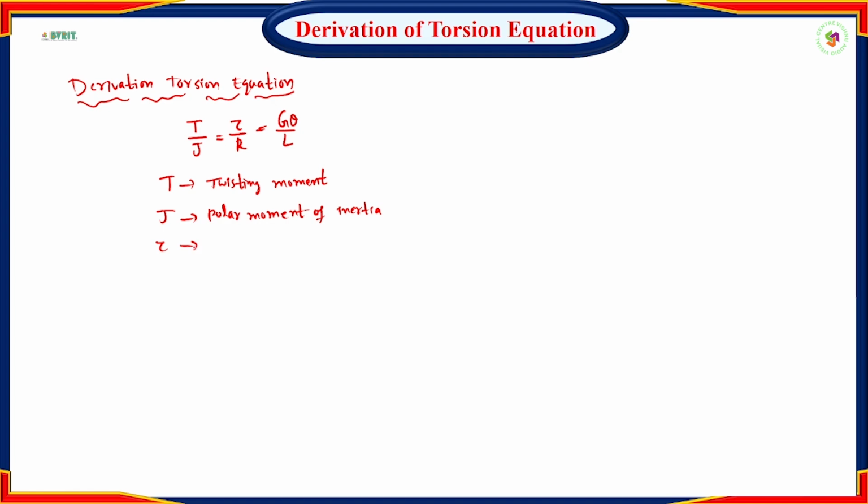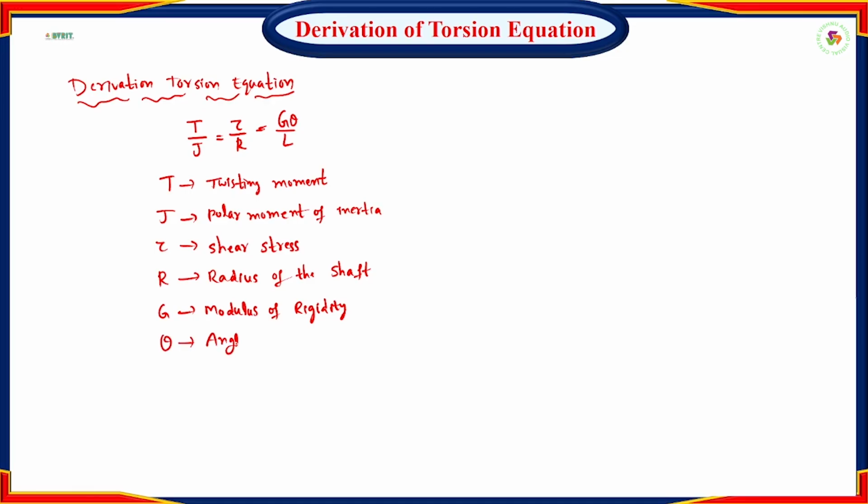Tau is the shear stress produced by the shear force. R is the radius of the shaft. G is the modulus of rigidity. Theta is the angle of twist. L is the length of the shaft.